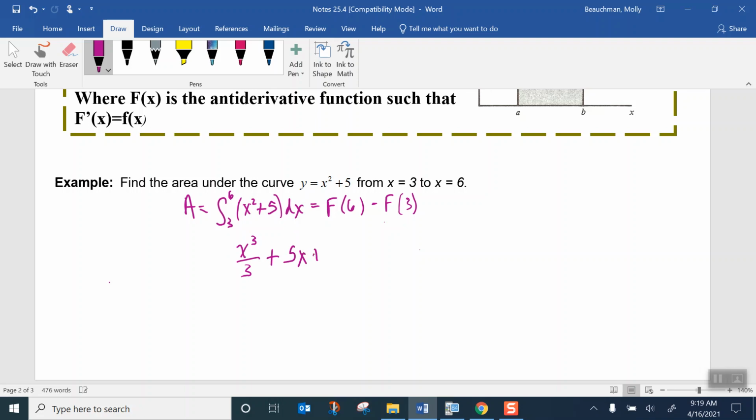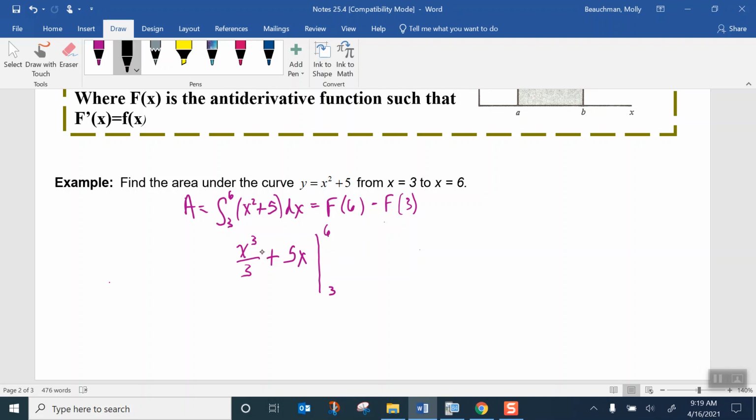Taking an indefinite integral, we would have a constant c, but since we're going to evaluate our function and subtract, once we subtract the two functions, the c's will cancel out, so we don't need to worry about the arbitrary constant when we're using definite integrals, because it will cancel. So we want to evaluate our function at 6, our function at 3, and then subtract.